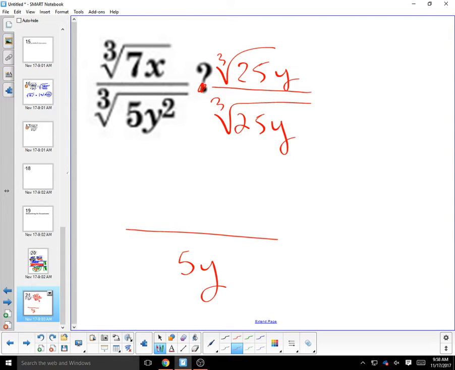And since this is cubed, you don't have to have absolute values. Right? Sharing time is over. Since it's cubed, I don't have to worry about absolute values, so yay. Up at the top, I've got the third root of, what is that, 175 x y. Ooh, I got it right.